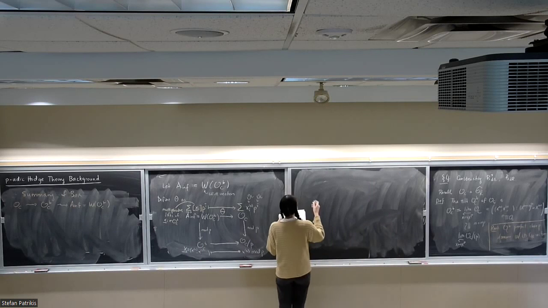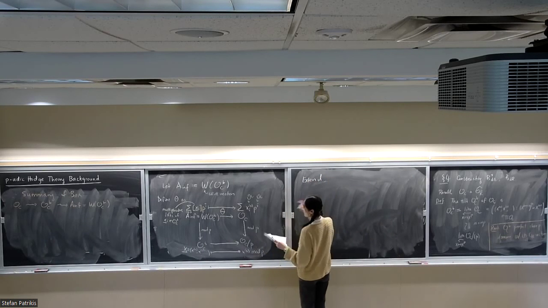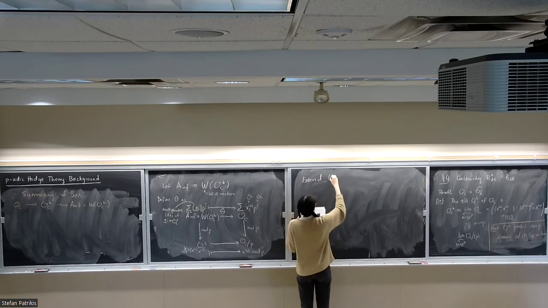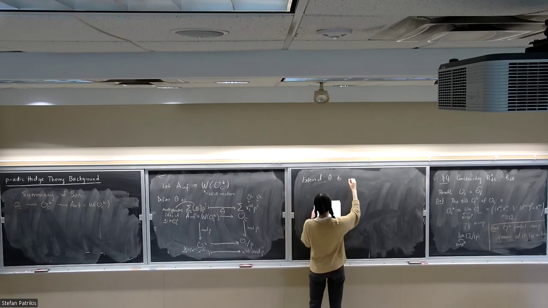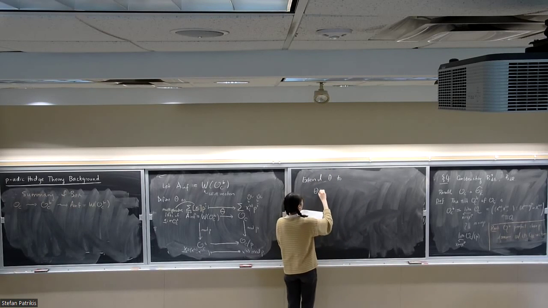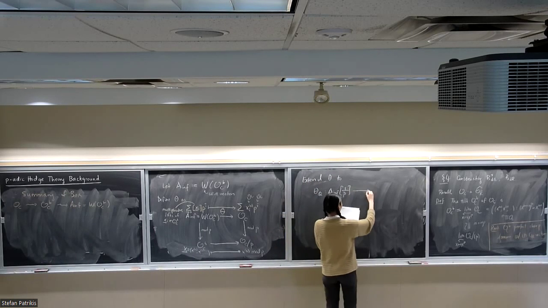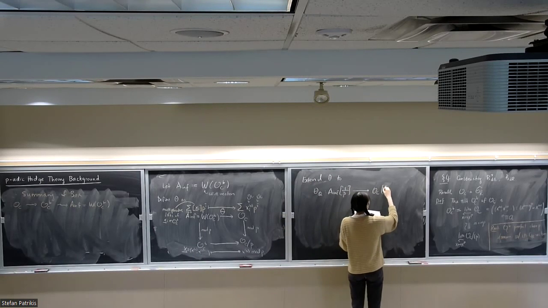So now we want to extend this theta map by extension of scalars to theta sub Q. Now from A_inf, we can invert p to O_C, inverting p.